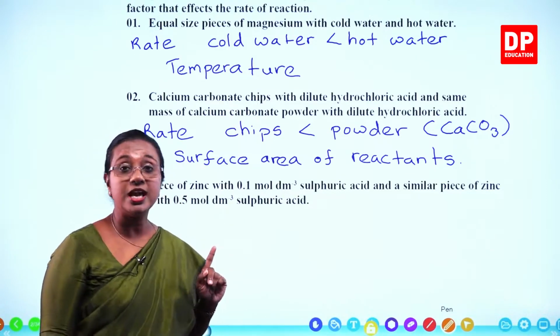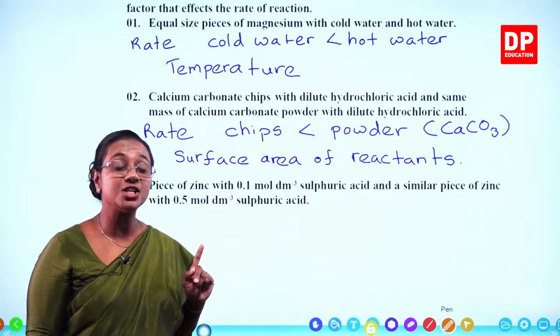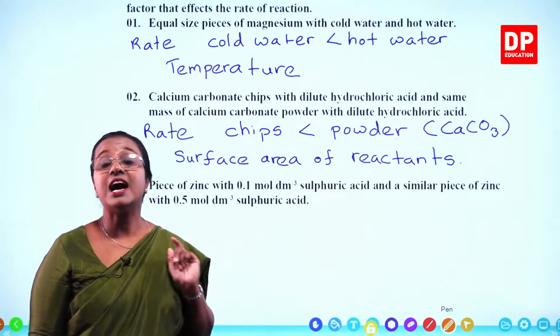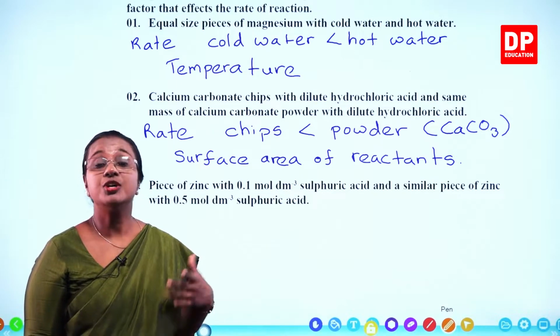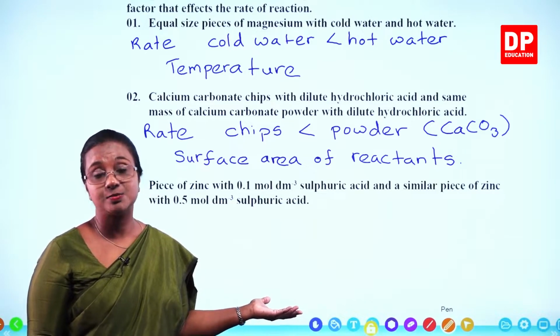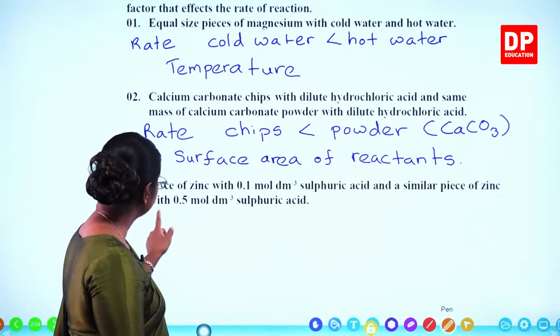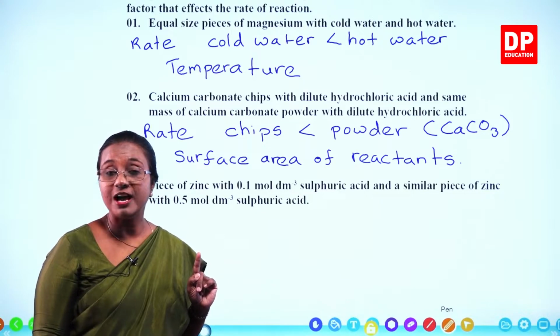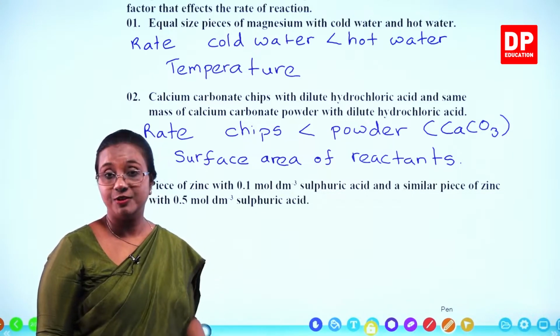Zinc with sulfuric acid, you all can remember the reaction. Zinc sulfate and hydrogen are the products. So here also you will see rate of fizzing or liberation of hydrogen gas bubbles. That will be fast when they use 0.5 moles per decimeter cube sulfuric acid.